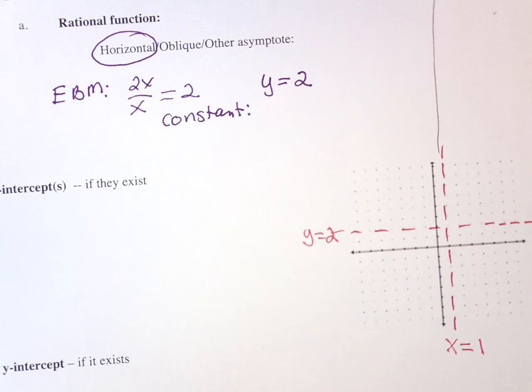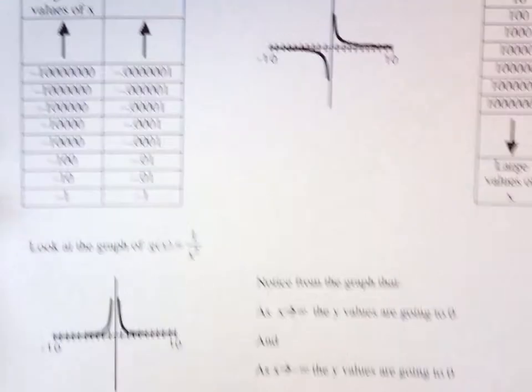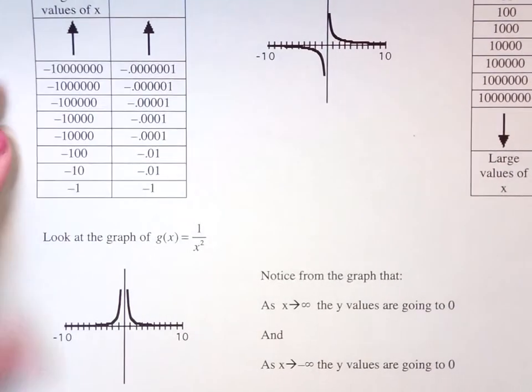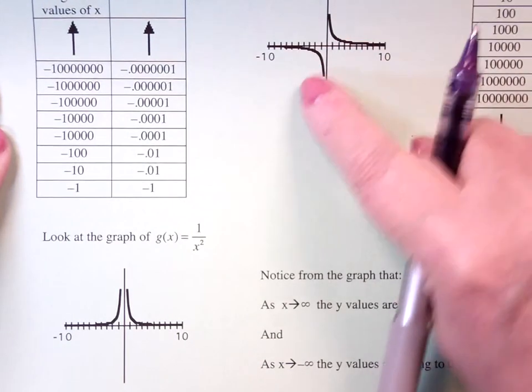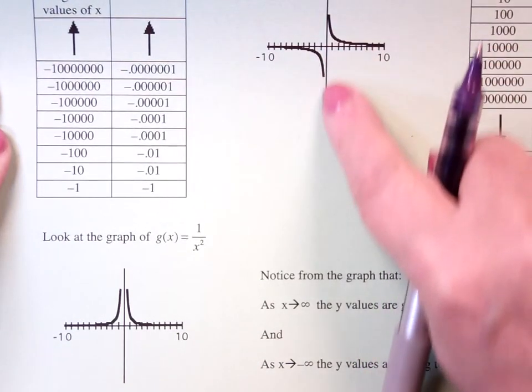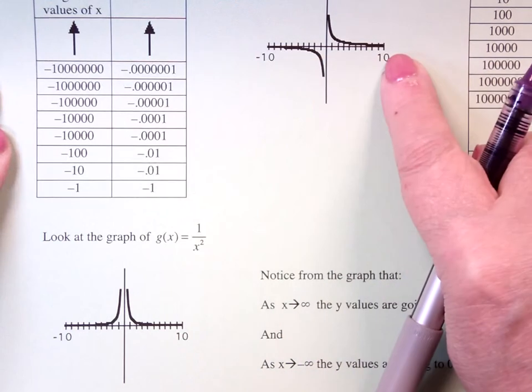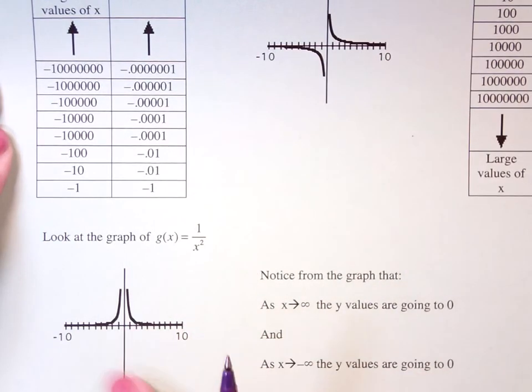And if we go back to page 25 of your packet, these are the two graphs that we're talking about. They're either going to be across from each other, pretending this is the VA and that's the HA, or they're going to be, if this is the VA and that's the HA, beside each other.